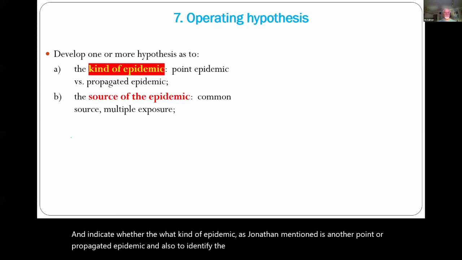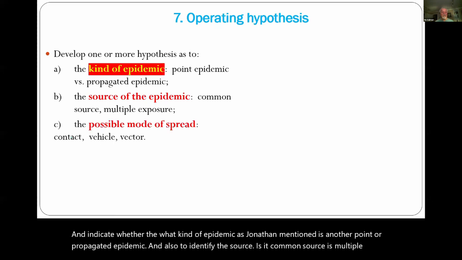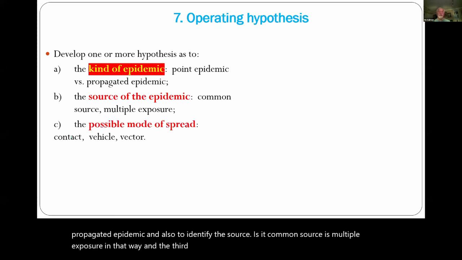Is it a common source? Is it multiple exposure? And the third one is to identify the mode of spread, either contact, vehicles, vectors, fomites, and so on.